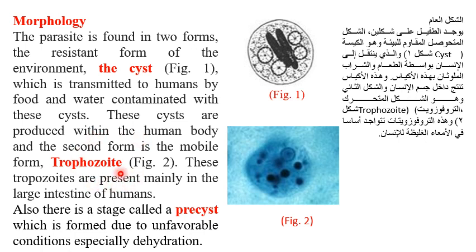Also there is a stage called the pre-cyst, which is formed due to unfavorable conditions, especially dehydration.